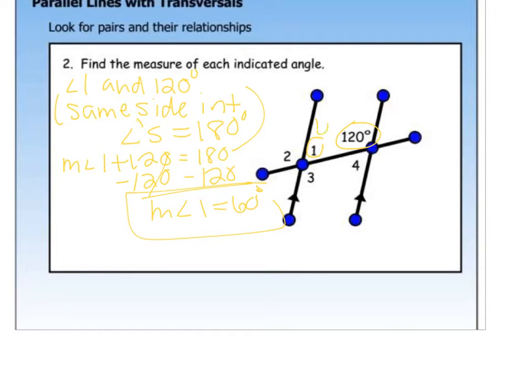Well, if 1 is 60, what would be angle 4? Well, angle 1 and 4 are alternate interior, which means that they are congruent. So if the measure of angle 1 is 60 degrees, the measure of angle 4 is the same.